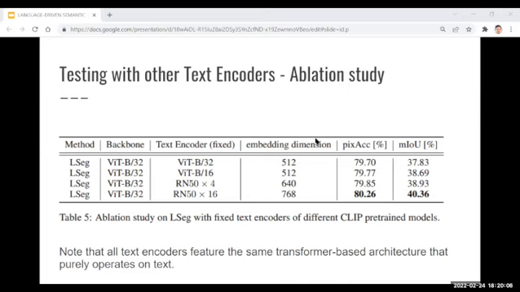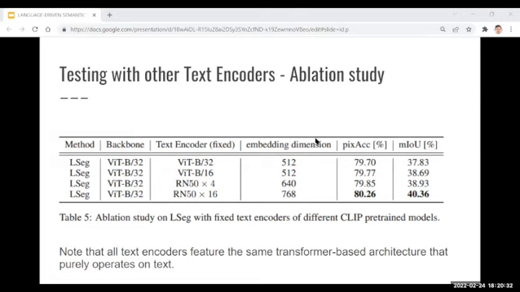The other difference to be noted is the embedding, in the sense of the size of the embedding dimension. That's important: you see 512, 512, 640, and 768, isn't it? That essentially is the size of the dimension, the dimension of the vector.